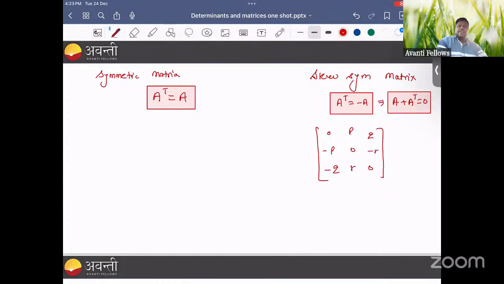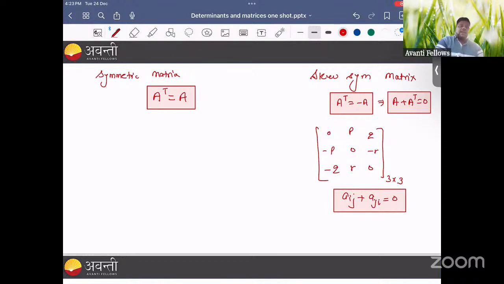This is a skew symmetric matrix of order 3. So diagonal entries are 0. Off diagonal entries may or may not be 0, but for conjugate entries, their sum is 0. That means aij plus aji is 0. Understood?